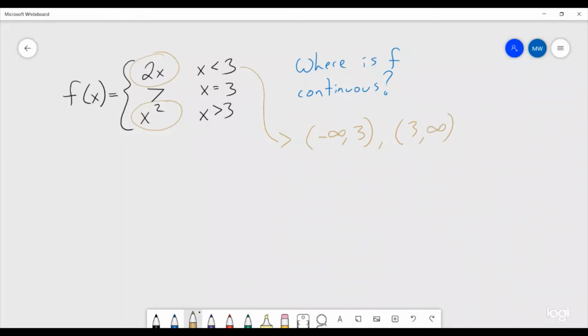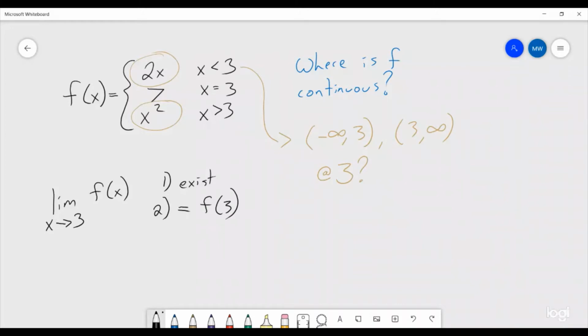The only thing we have to question ourselves about is, what about 3? So at 3, is it going to be continuous? To check if it's continuous, the limit as x approaches 3 of f of x first has to exist, and second, it has to be equal to f of 3.